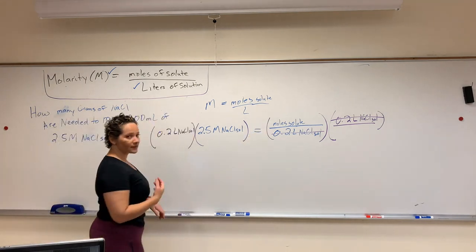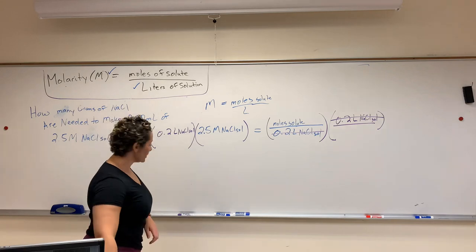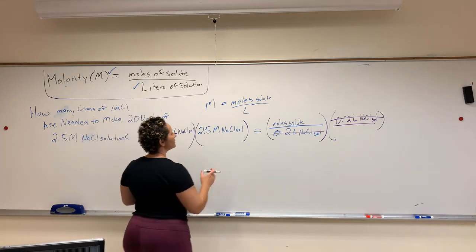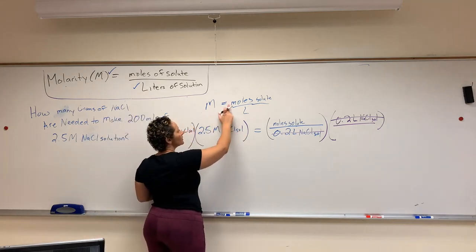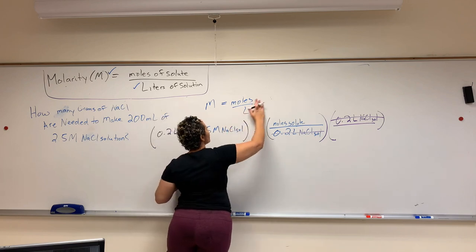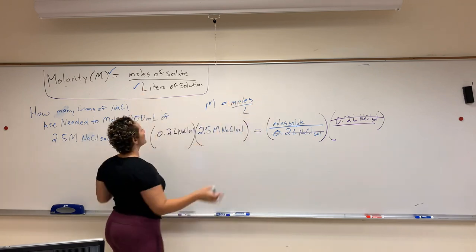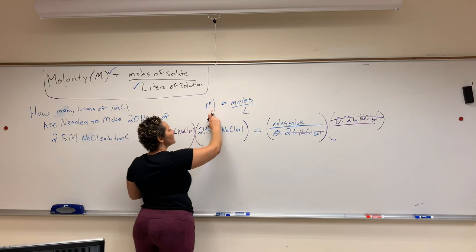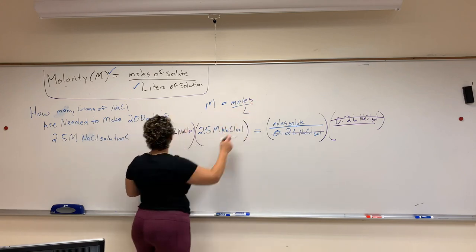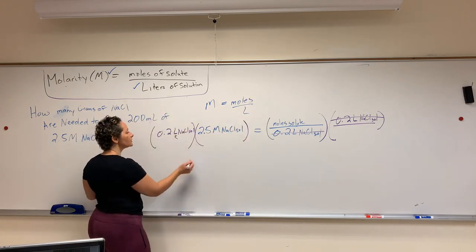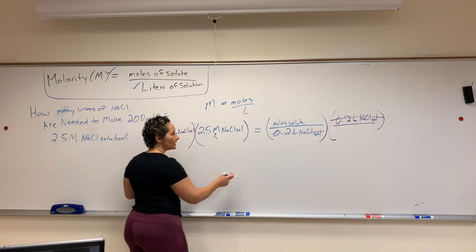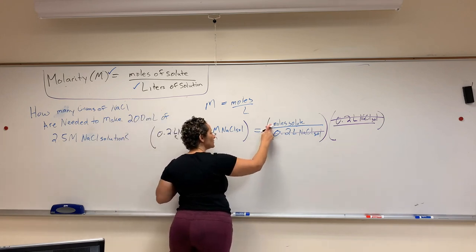If you watched the last video, you saw me do my little trick, and my little trick is molarity equals moles per liter. I'm going to get rid of that now. It's the same thing, I'm just making it quick. So molarity equals moles per liter. What do I have here? I have liters, I have big M molarity, and I have moles. I'm trying to solve for moles.